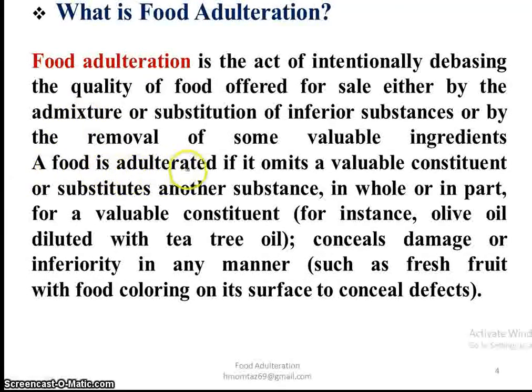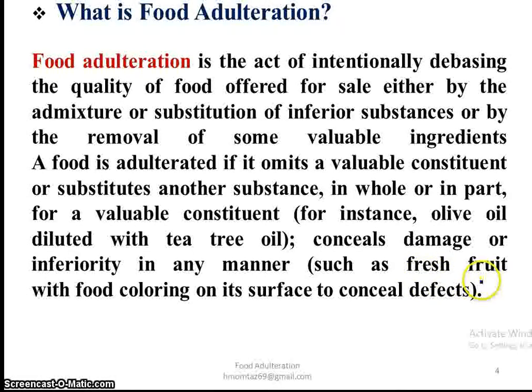Food is adulterated if it omits the valuable constituent or substitutes another substance in whole or in part for a valuable constituent. For example, we can say there's olive oil diluted with tea tree oil. It conceals damage or impurity in any manner, such as fresh fruit with food coloring on its surface to conceal defects.